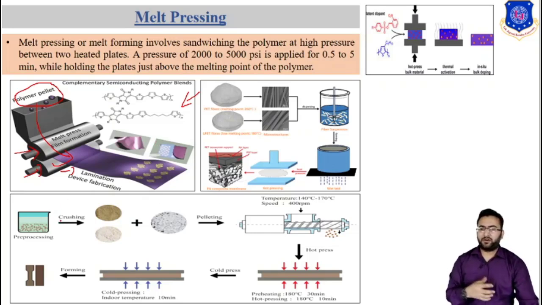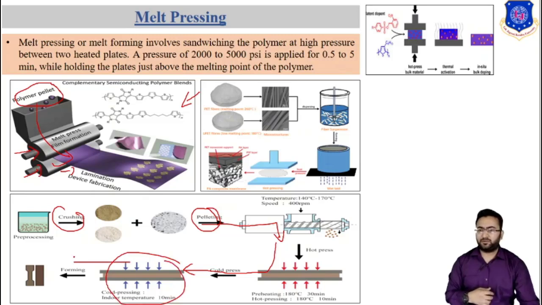So first we use the polymer and make it into pellets by crushing it, and these pellets pass through the melt press and are converted into polymer, and this polymer goes to the storage chamber. So this is all about how the melt press is used.